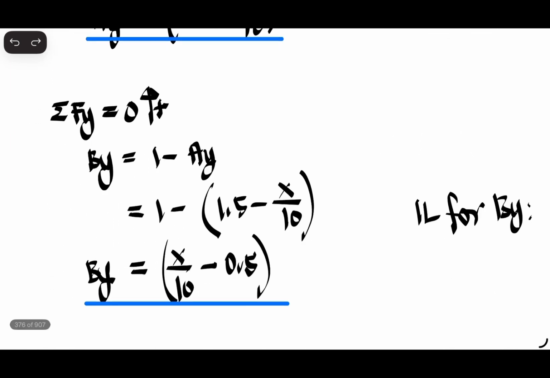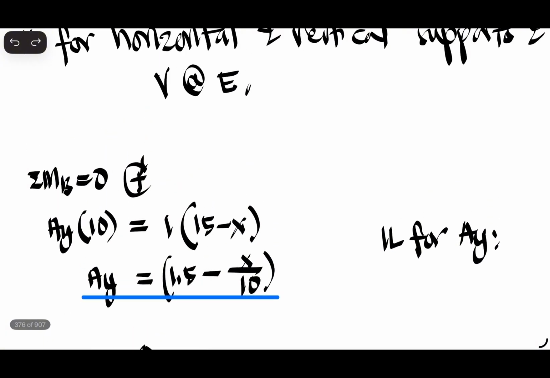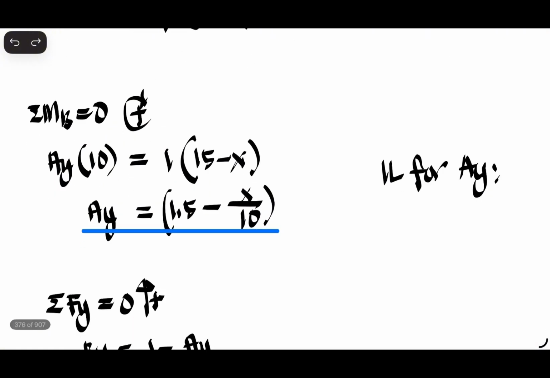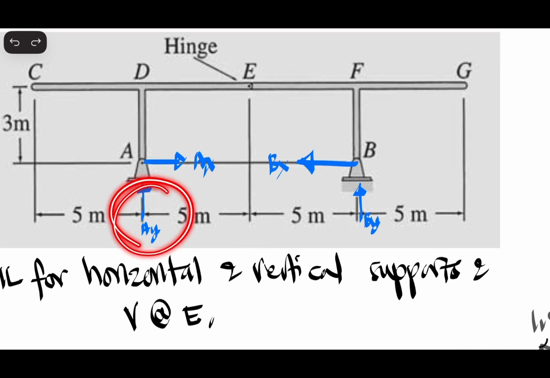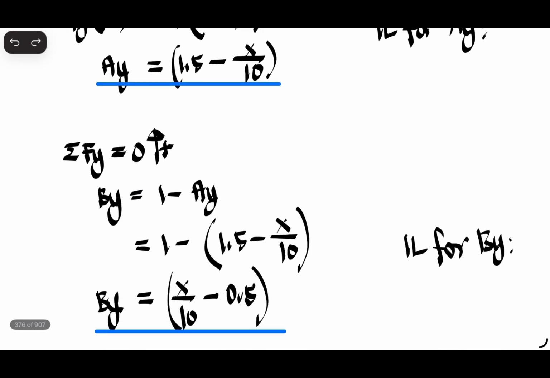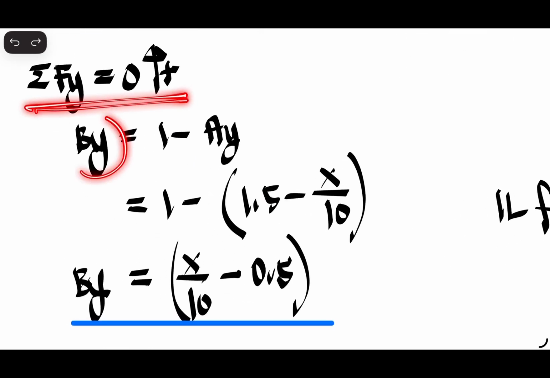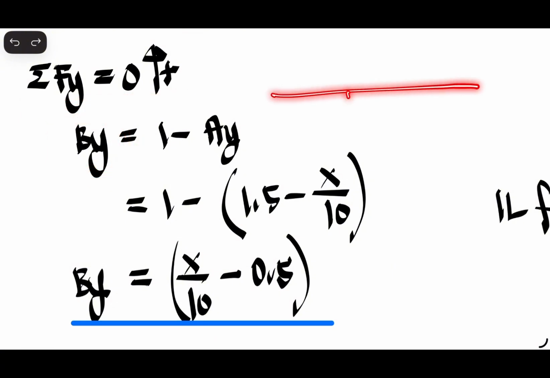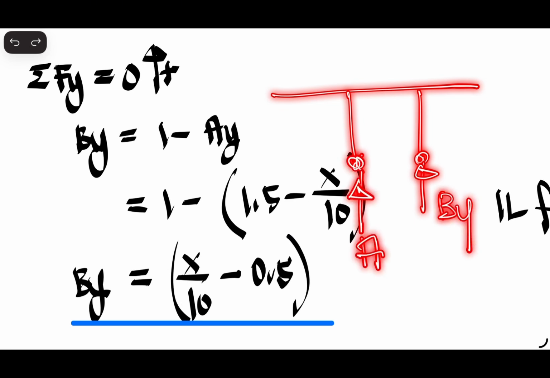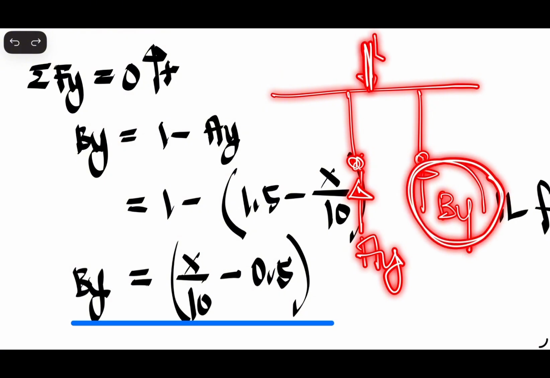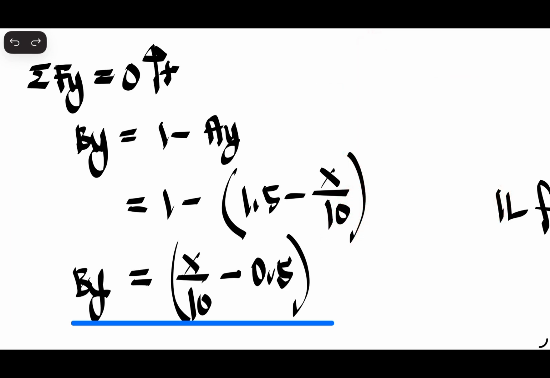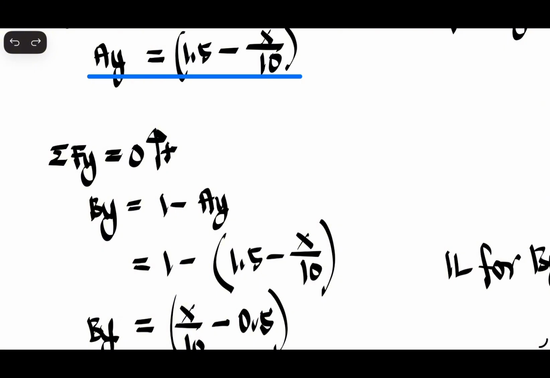And then for BY, now that we know the value of AY, and we have the 1 unit load, we can solve for BY by using the equation summation of forces vertical. So BY is equal to 1 minus AY, and the value of AY is 1.5 minus X over 10.